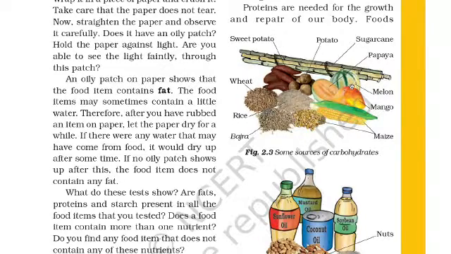Then melon, papaya, mango, maize, bajra, rice and wheat. These are all sources of carbohydrates. You will write all this in your notebook: sweet potato, potato, sugarcane, papaya, melon, mango, maize, bajra, rice and wheat.